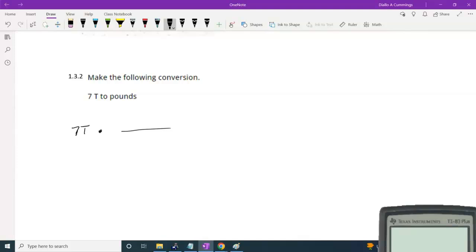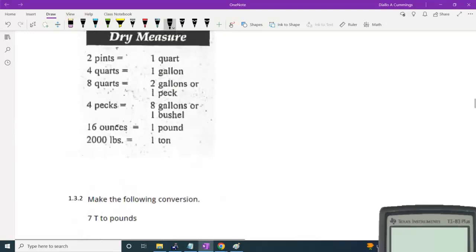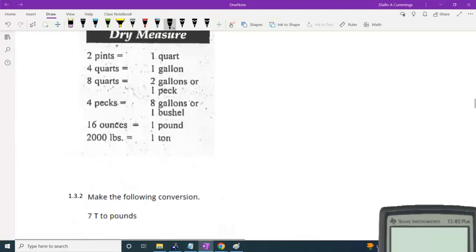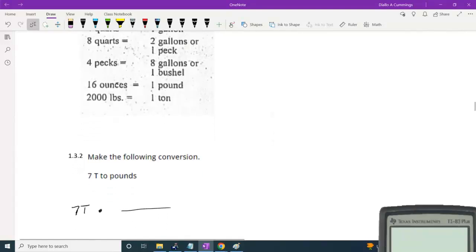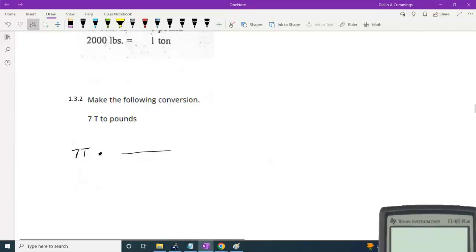In that unit fraction, I wish to convert from tons to pounds. If I look at my formula sheet, there is a direct formula from tons to pounds. So 2,000 pounds is equal to 1 ton. When I set up my unit fraction, I'm going to put tons in the denominator so that when I multiply, I can cross cancel my unit of tons.